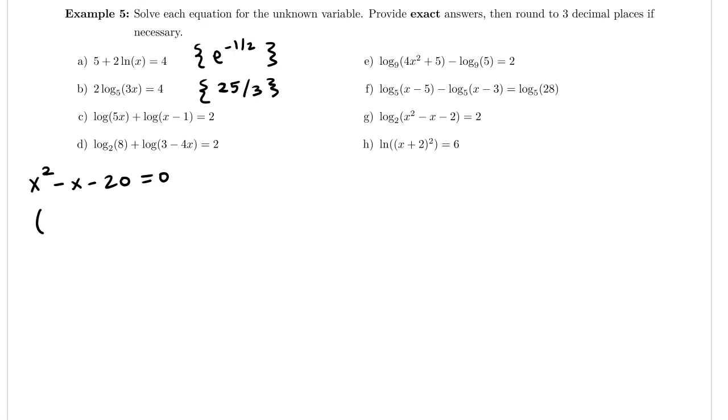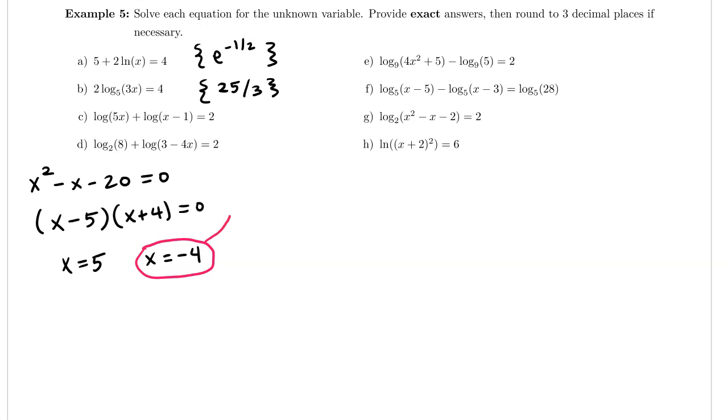So I should be able to factor this now into x minus 5 times x plus 4 is equal to 0. That's going to give us x equals 5 and x equals -4. Now, this is why it's important to always check for extraneous solutions, because if I were to plug in x equals -4 for x right there, that's going to give us log of -4 minus 1, which is equal to log of -5.